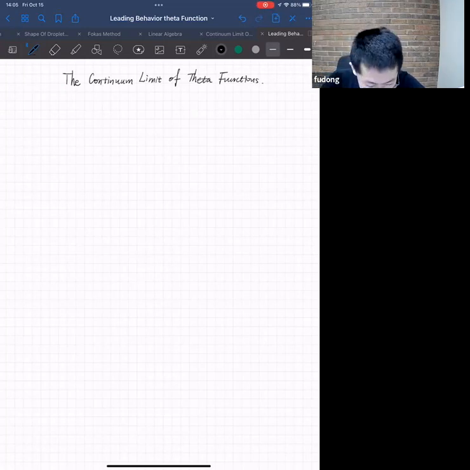So we'll begin with the definition of the theta function.